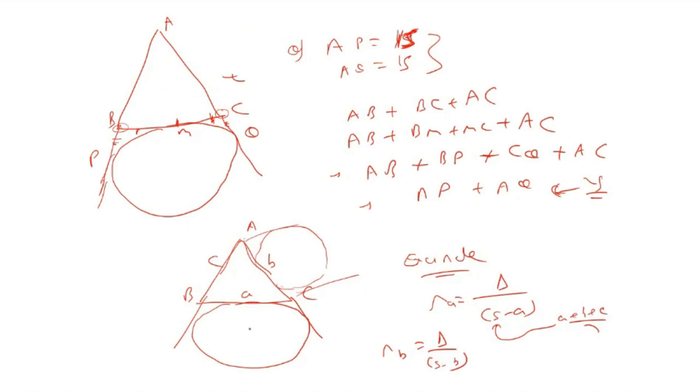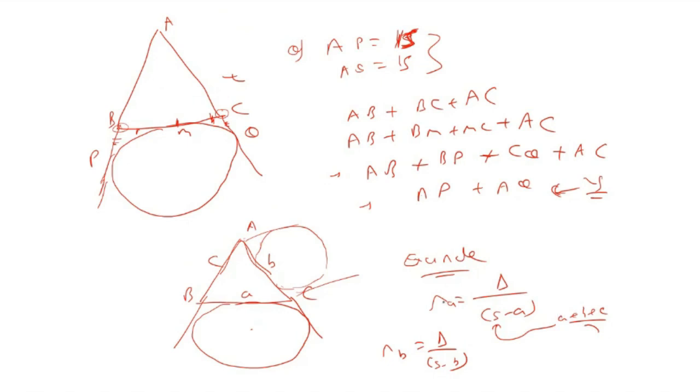It's a direct question that's been asked, so it's good to know that area upon s minus b. Similarly, if you have an excircle on side c, it will be area upon s minus c. Cool, and this is only valid for this sort of figure wherein you have a circle made outside of a triangle.